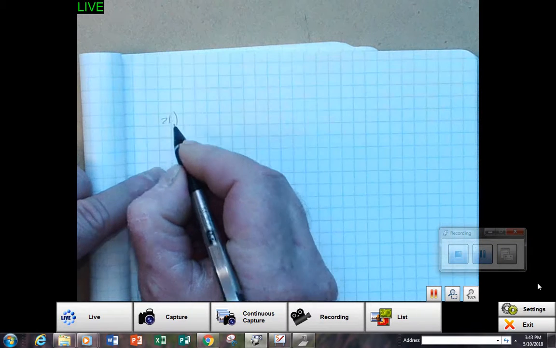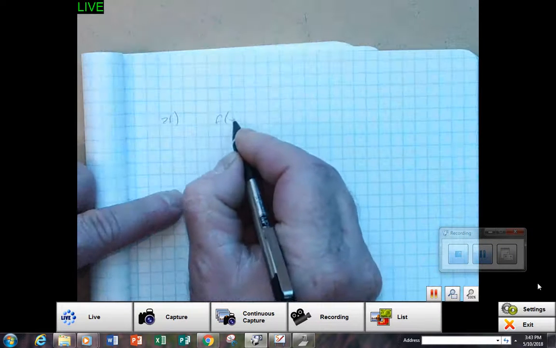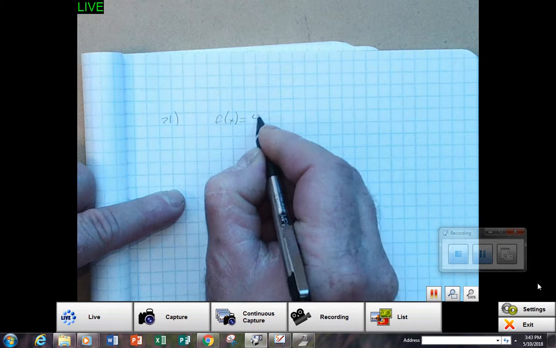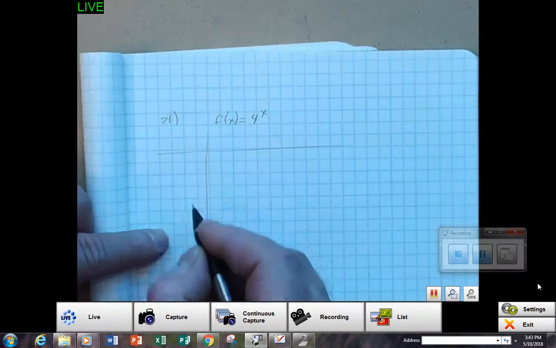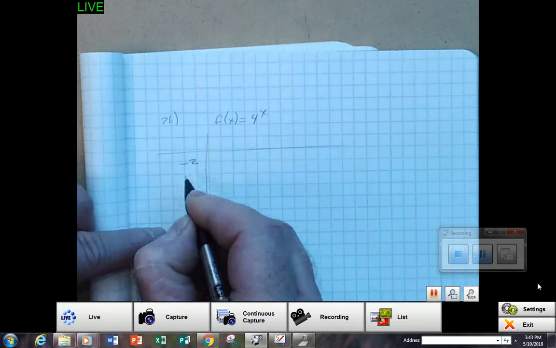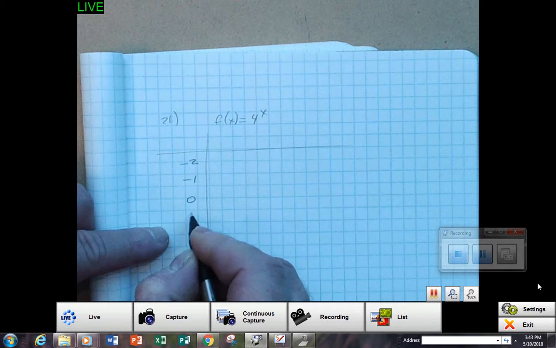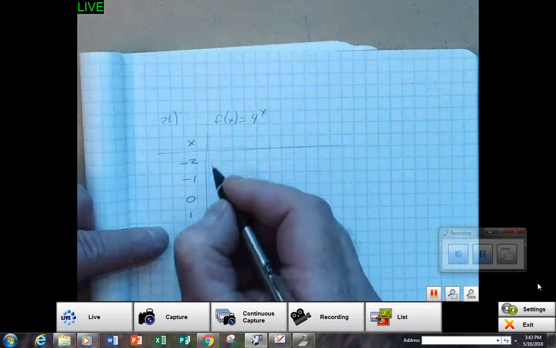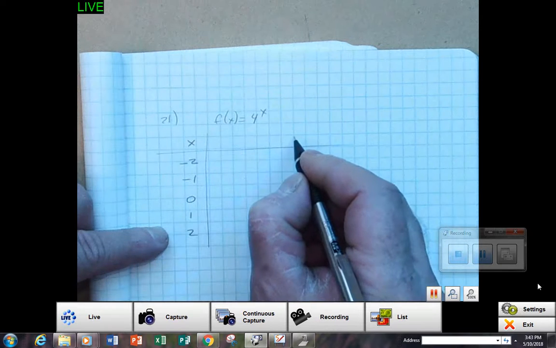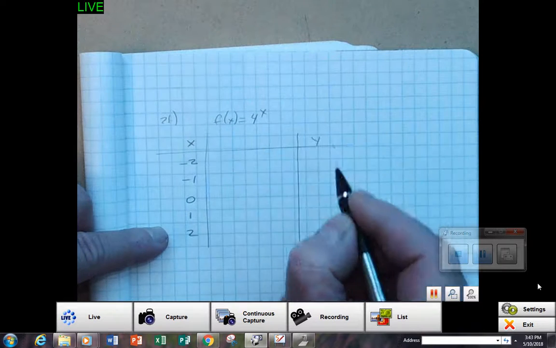21, I'm going to make a little table like we've been doing to graph f(x) = 4^x. If you make a little table there, I'm going to have you use negative 2, negative 1, 0, 1, and 2. These are your x numbers. What you get after you plug them in and do the math are your y numbers.